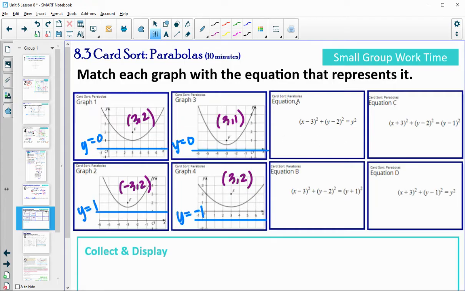All right, so you can probably figure out that this one that has a focus of 3, 1 goes with this one since it's the one that plugs in a 1. Okay, so this graph number 3 went with equation D.